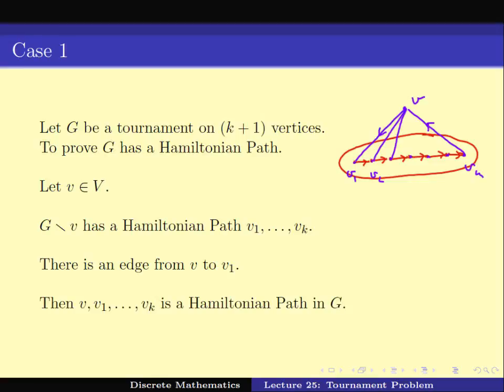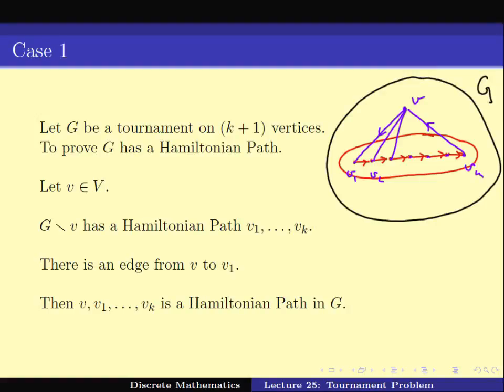And yes, there is a Hamiltonian path: V, V1, V2, V3 till Vk. There is an edge from V to V1. Great. So in case 1, there is a Hamiltonian path on the whole graph. Note that this whole graph is the G graph.